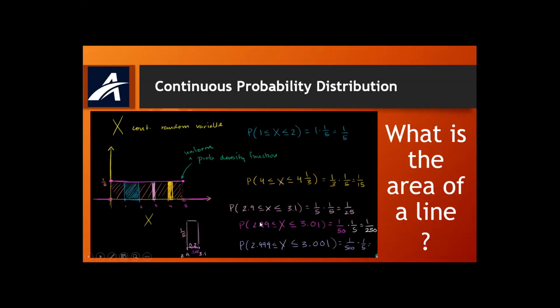If we look at even more precision, 3.01, it changes to 1/250. What we're observing is the area has a way of telling us the probability of finding a point. For example, the chance of getting a point between 1 and 2 on the x-axis is 1 over 5. The probability of getting between this and this is as per the slide.